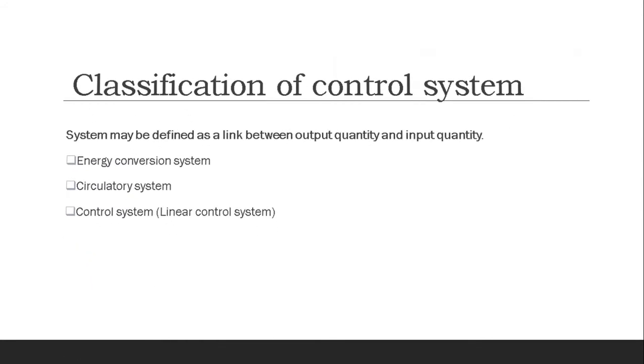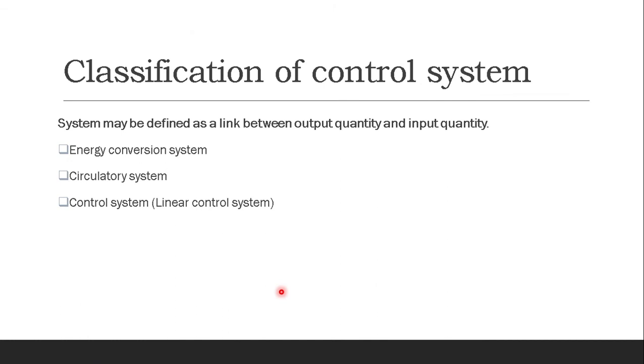Now, as far as classification of control systems is concerned, a system may be defined as the link between the output quantity and input quantity. So this is another definition of a system. What is a system? It may be defined as the link between output quantity and input quantity. When a number of elements or components are connected in a sequence to perform a specific function, the group formed is called a system.